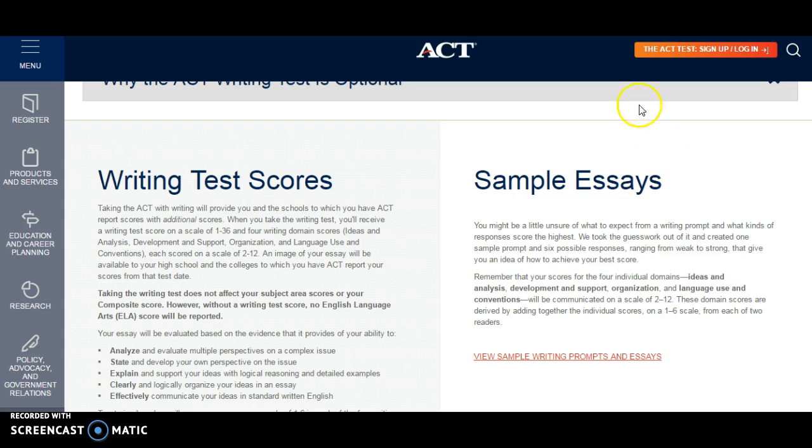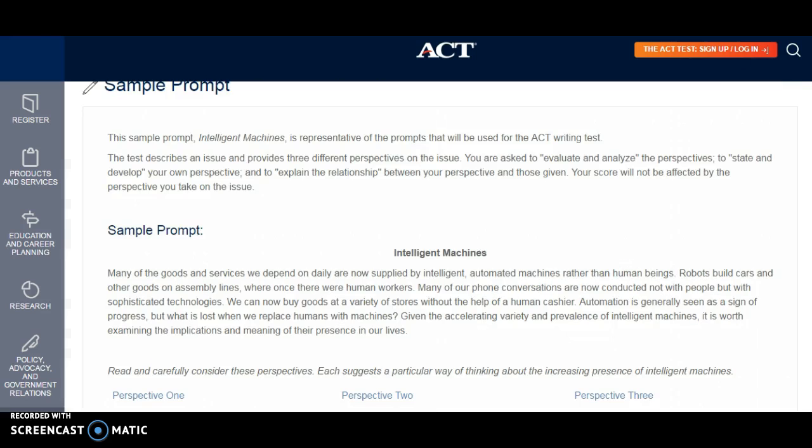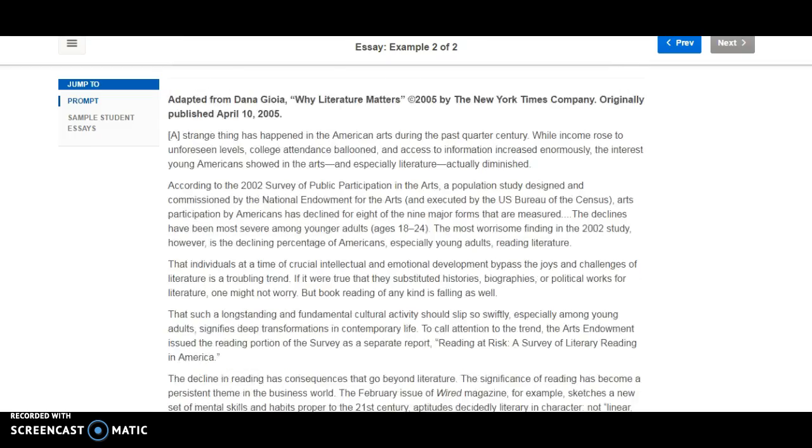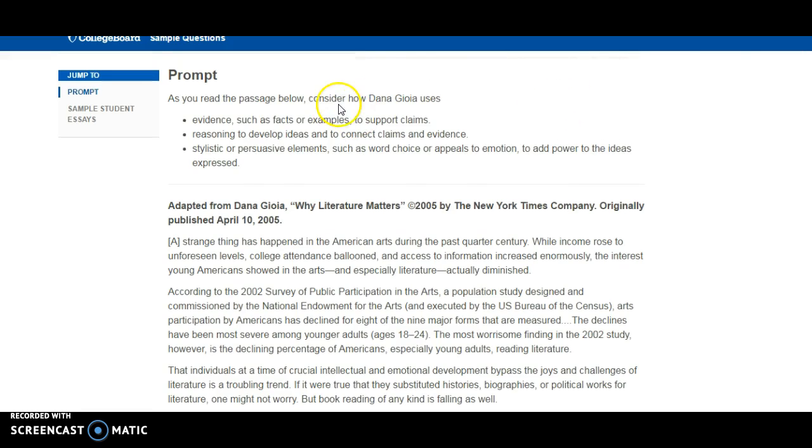If you look at just the SAT, again, at the beginning here, some of the key terms that I might look at are consider. In other words, they are asking you to focus in on these things that the author is doing.